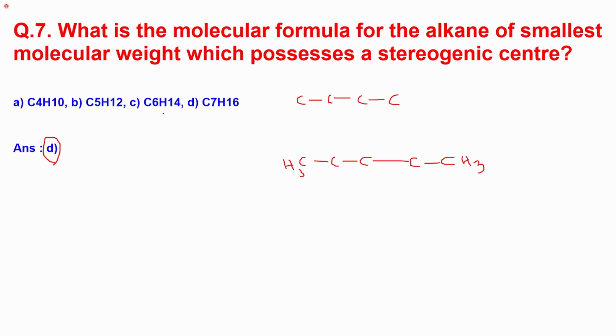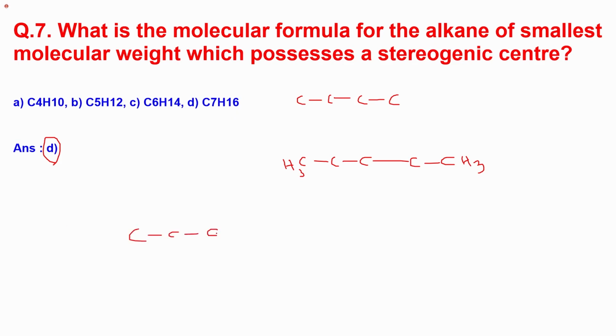Now C6H14, and here it is C5H12. So you can see 5 and 12, 6 and 14. This is also 12, and here also the same. Here also the same, but in the case of C7, the answer is given as C7H16.